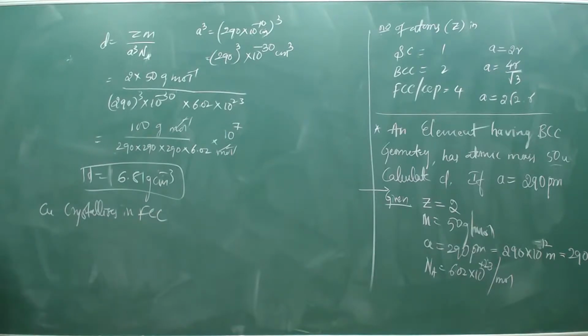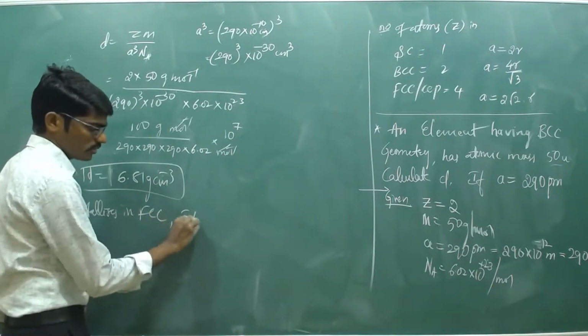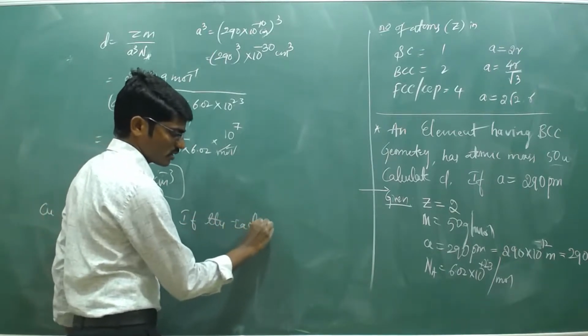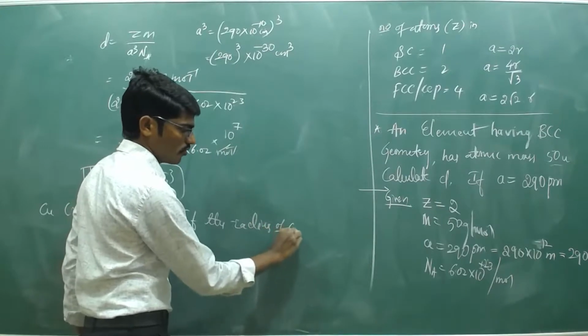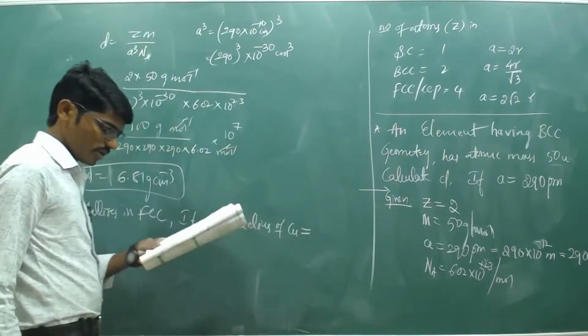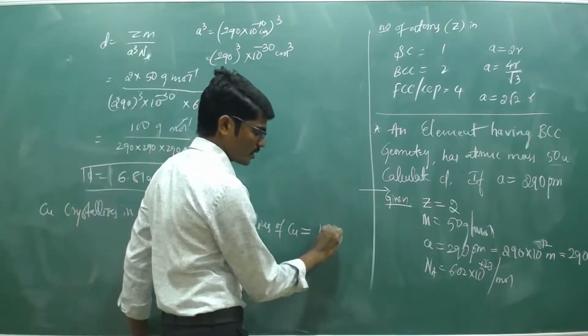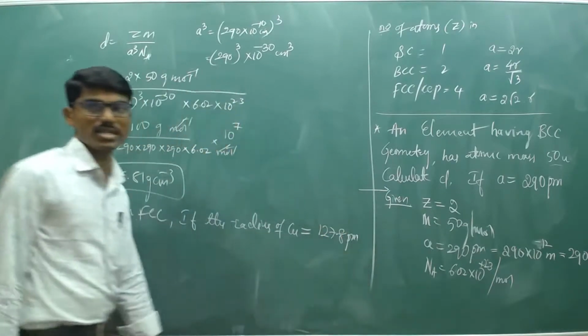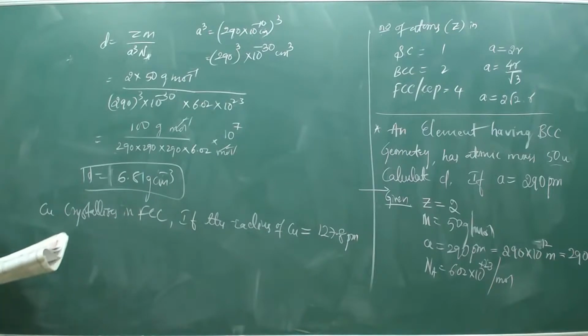If the radius of copper is 127.8 picometer, radius is given, not the edge length. If the radius is given, calculate the density of the copper metal.